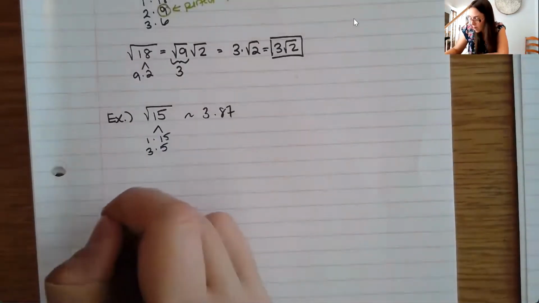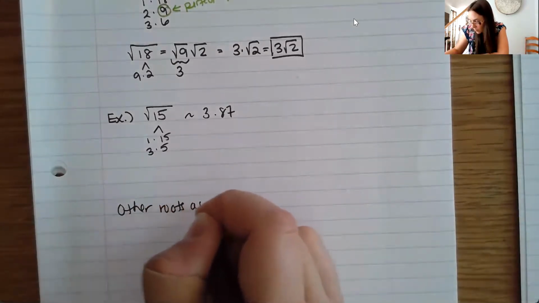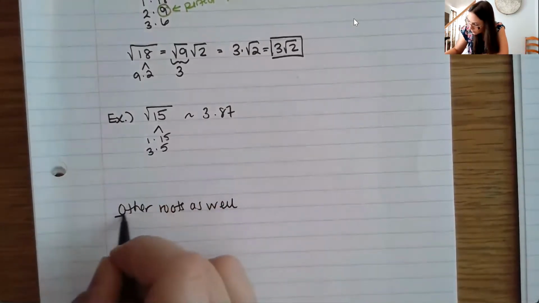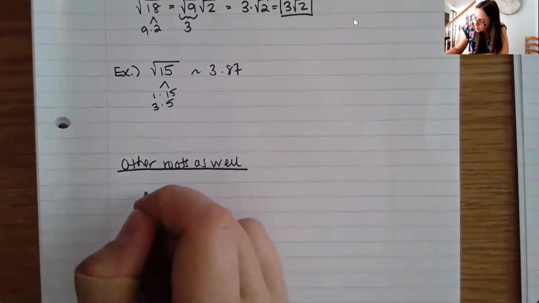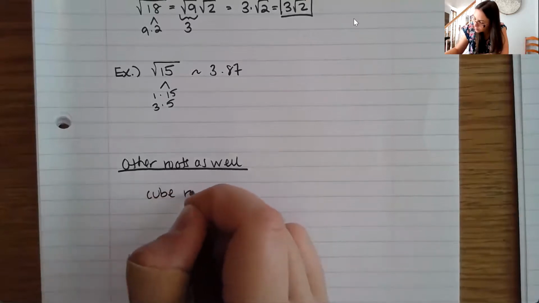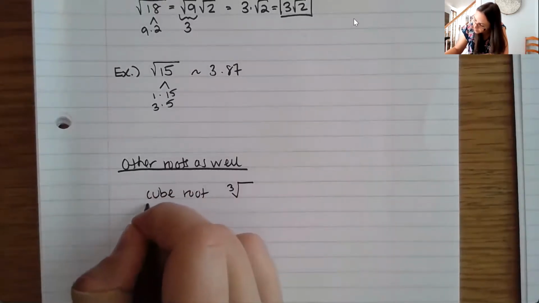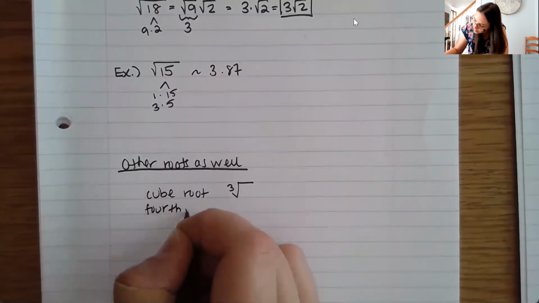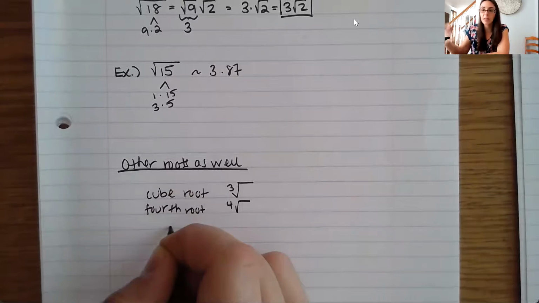And finally, there are other roots. So for instance, we have a cube root. We use this symbol. We have a fourth root, this symbol, etc. Fifth root, a sixth root, a seventh root.